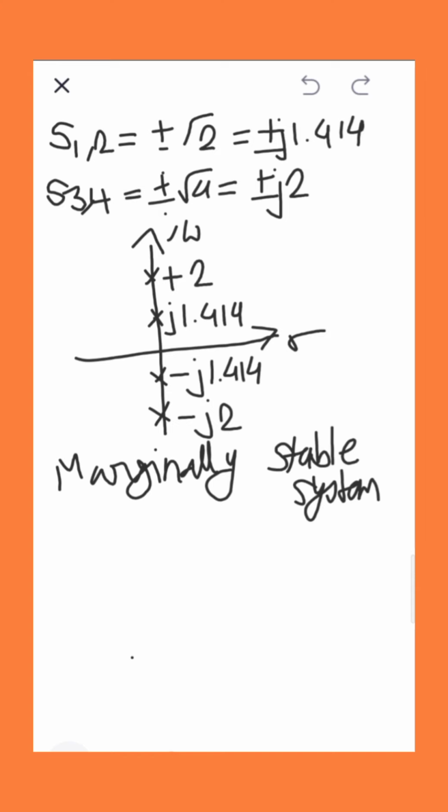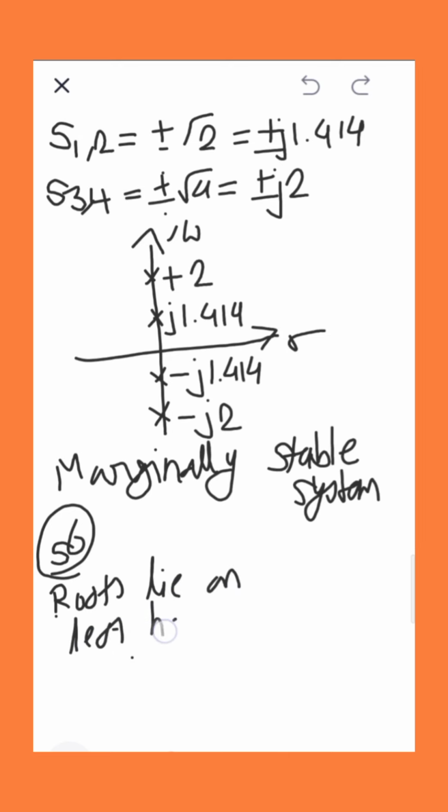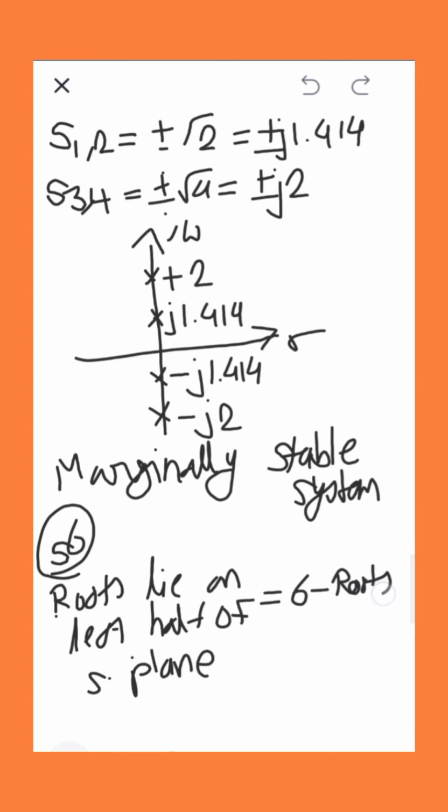Now, these are the only four roots. The given order is s to the power 6, which means the total roots should be 6. So the remaining roots lying on the left half of the S plane will be how many? Total 6 minus roots on the imaginary axis, that is 6 minus 4 equal to 2.